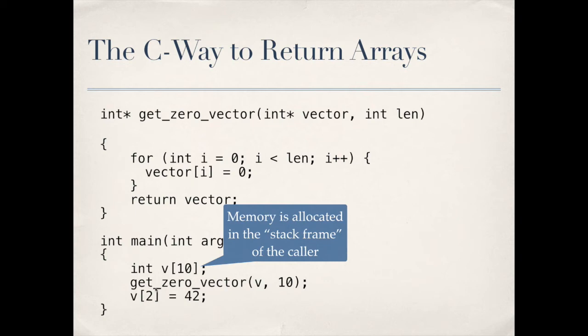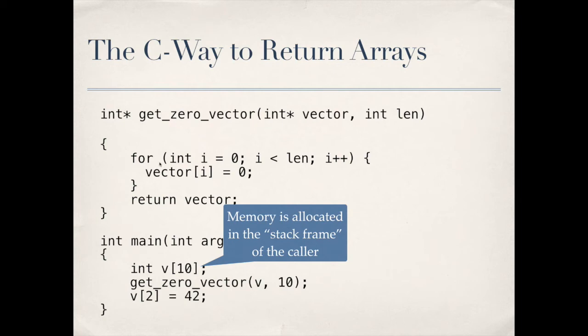And then we call getZeroVector with v as a parameter, and the length of v, 10 again.